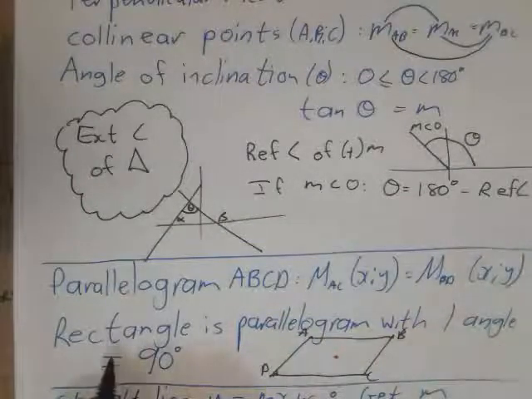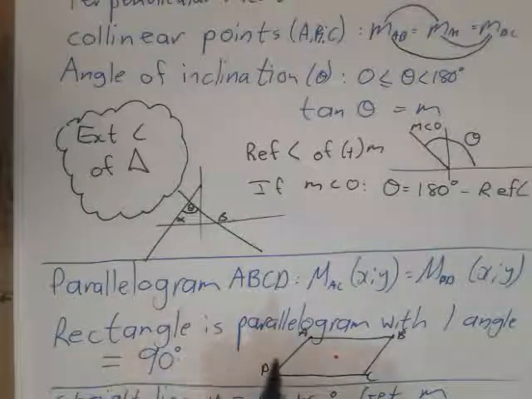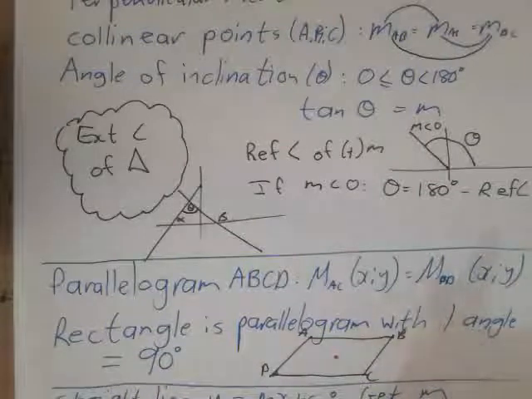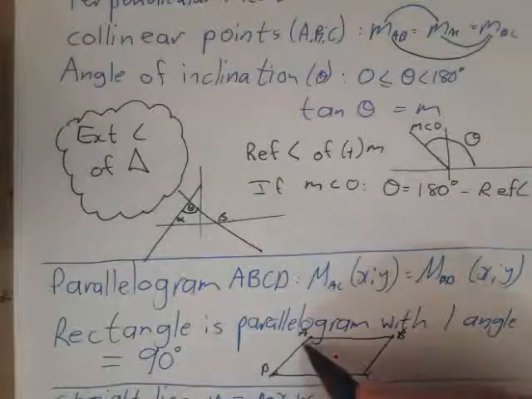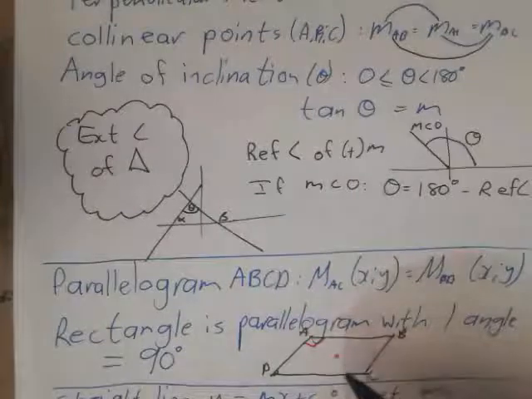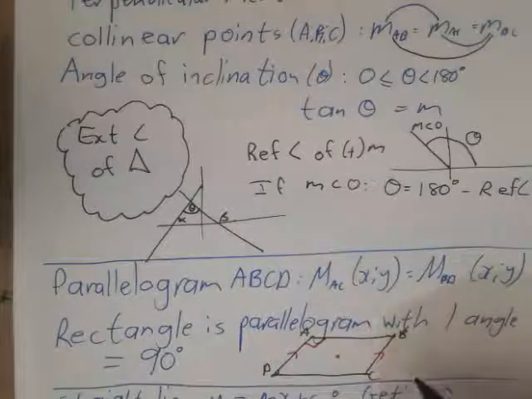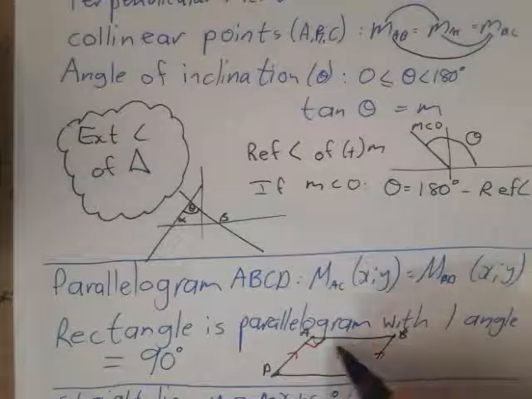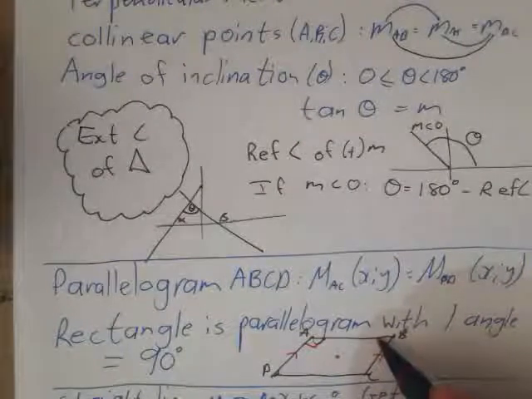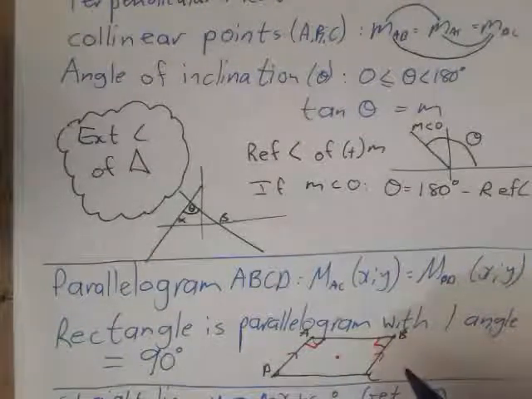Okay, then we go to this statement that a rectangle is a parallelogram with one angle equal to 90 degrees. Now that seems a bit weird because you say, well, a rectangle's got 4 angles of 90 degrees. Now imagine you make this 90 degrees. Now because those sides are parallel and co-interior angles, this will also have to be 90 degrees.